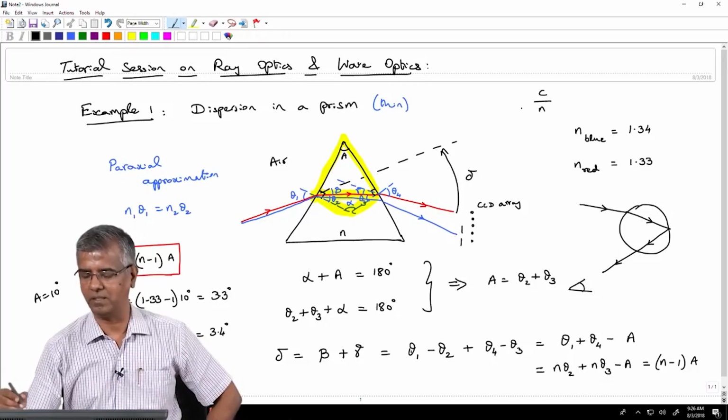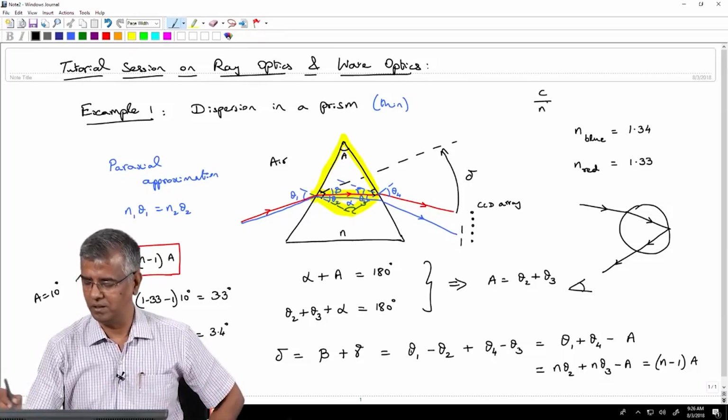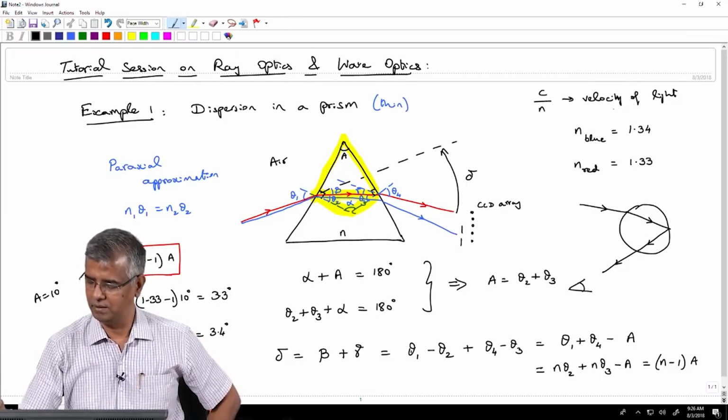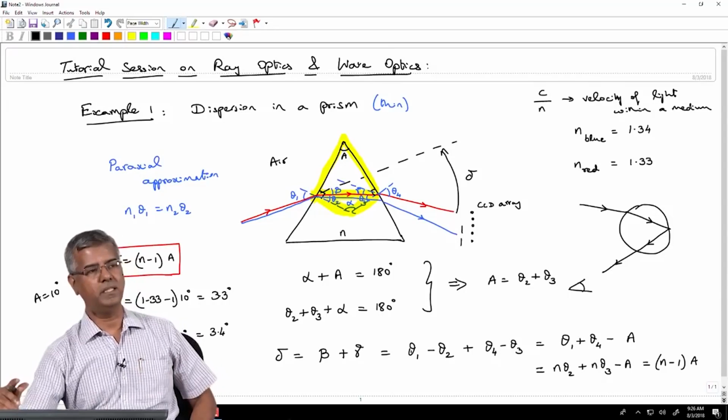So, this is actually the velocity of light within a medium.